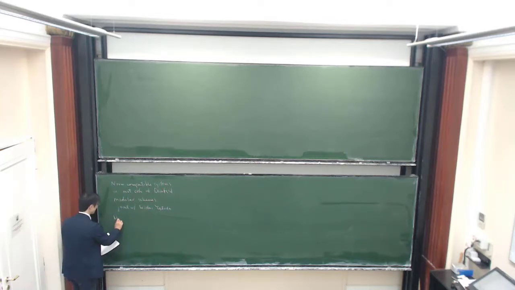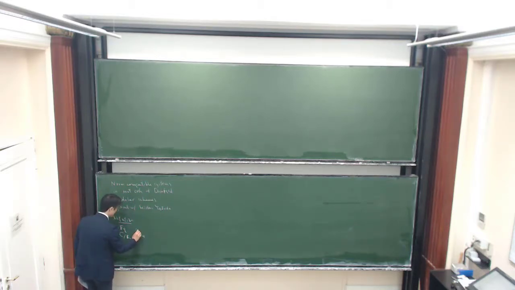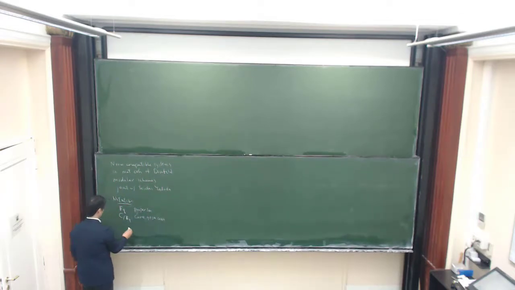Okay, I will talk about things over a function field. So I'll just give some notation. I work over a curve over a finite field, geometrically connected, and I fix a closed point and functions like this.